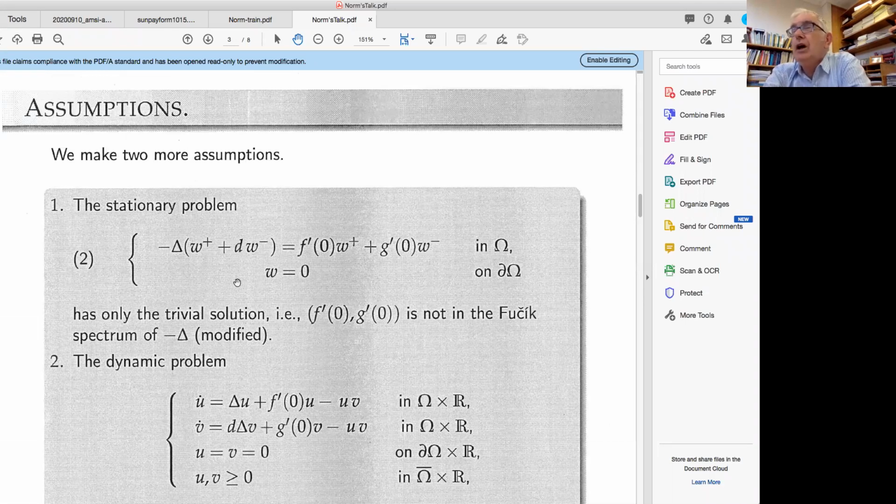And I need a condition which is, in a sense, almost a linear condition, but not quite. It's minus Laplacian. If you think of d equals 1, for example, the first term is just minus Laplacian of w.